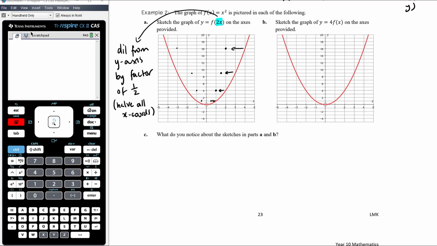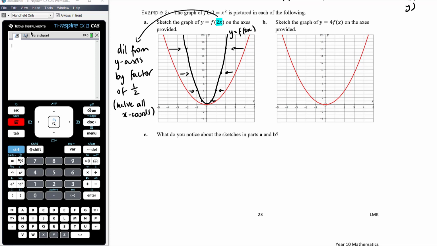Same ideas. So we are dilating in by a factor of a half. And we get this, that is y equals f of 2x, dilated by a half from the y-axis.